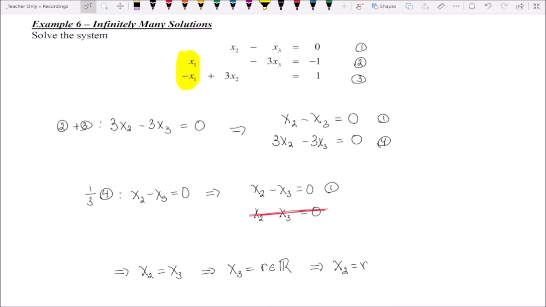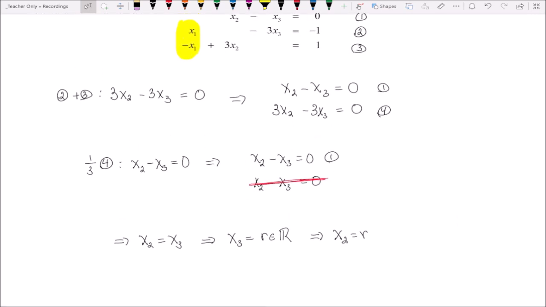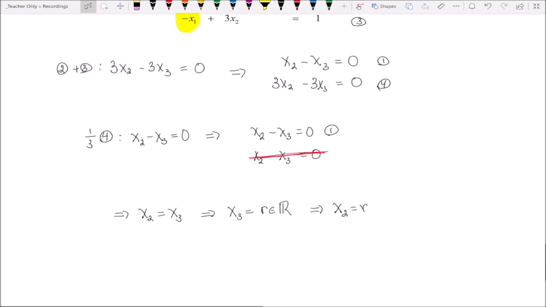Let's take a look. We want to use either equation 2 or equation 3 to determine our value for x1. Let's take equation 2 simply because the x1 is already positive there.